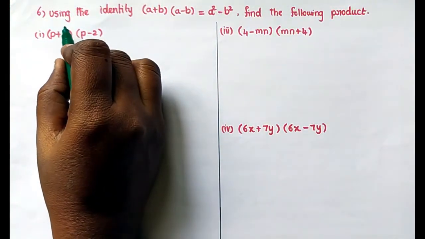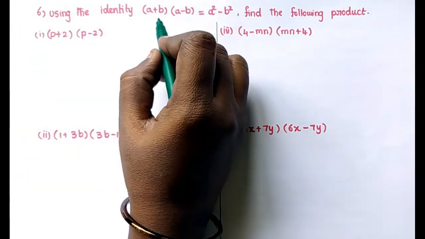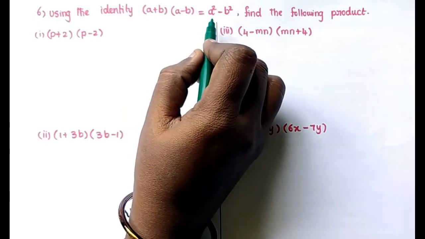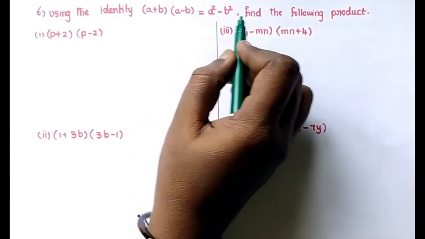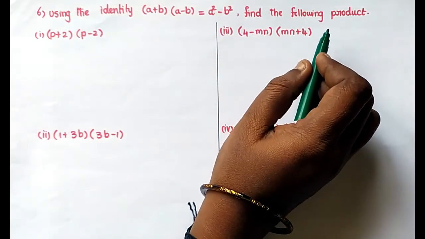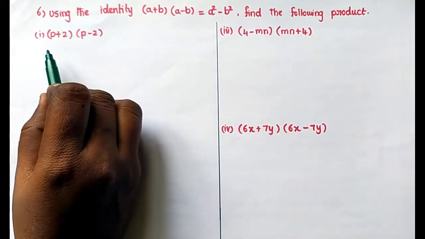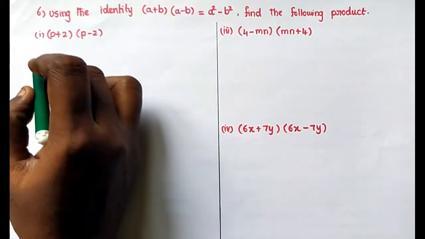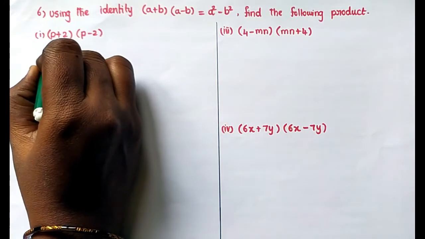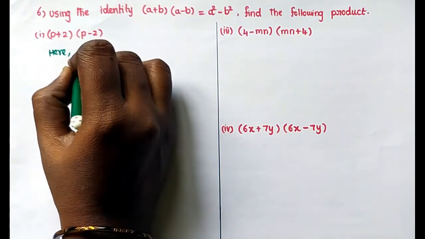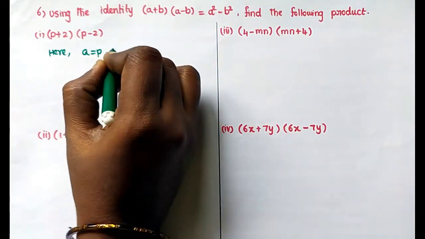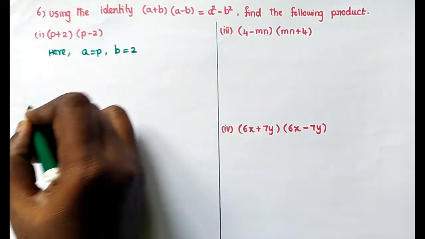Sixth sum, using the identity (a + b)(a - b) is equal to a squared minus b squared, find the following product. First one, (p + 2)(p - 2). Here a equal to p and b equal to 2.